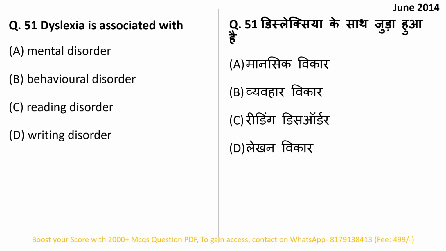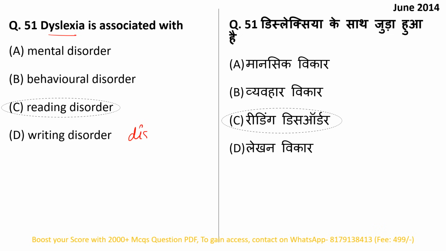Dyslexia is associated with, so this is a disorder. The question is asking which kind of disorder it is: mental, behavioral, reading, or writing. So dyslexia, you might have seen the movie Taare Zameen Par, where the little boy Ishaan Awasthi was suffering from dyslexia, which is a reading disorder, and there is a writing disorder also.